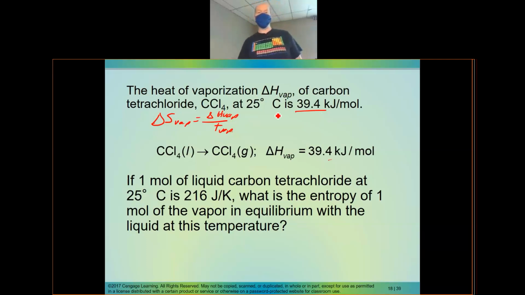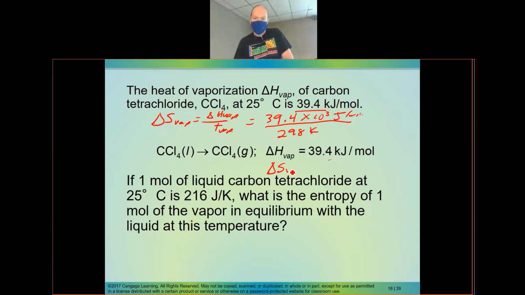And when they give us the delta H, that is 39.4 times 10 to the third joules per mole, but we have 1 mole in our balanced chemical reaction. And then the temperature, again, has to be in Kelvin, 298 Kelvin. I converted it to joules because I'm calculating delta S, and delta S is in joules per Kelvin.